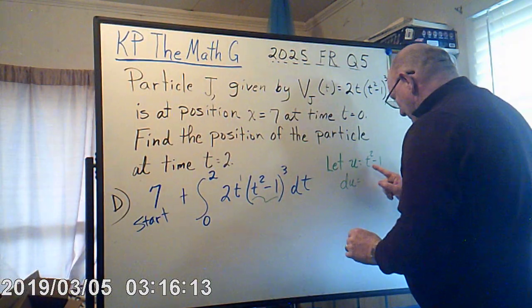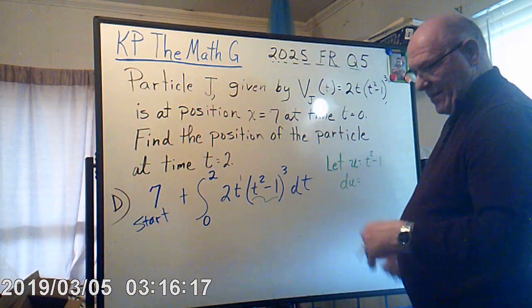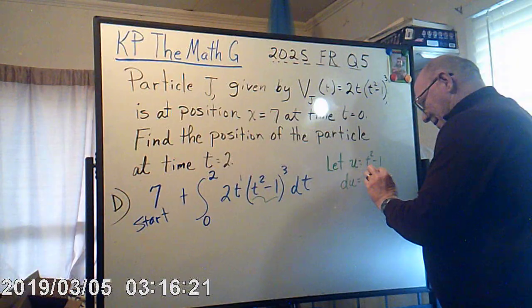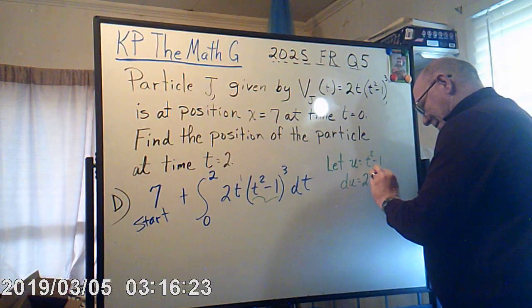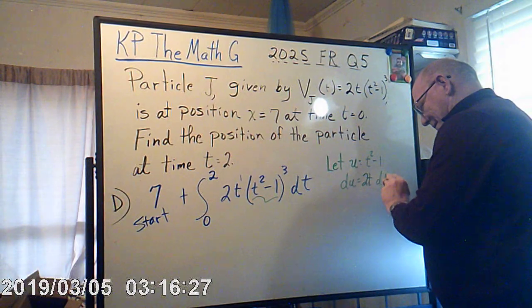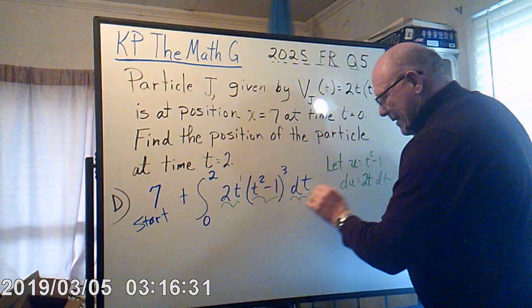Now watch what du is. Du is the derivative of this. The derivative of the left side is just du. The derivative of the right side is 2t minus 0, which is just 2t dt, right? We have 2t dt, don't we?